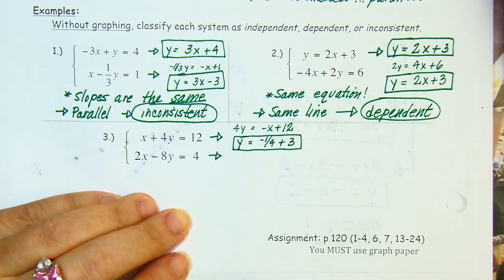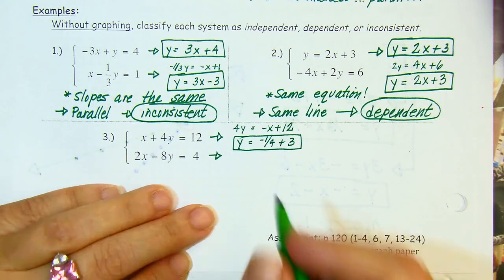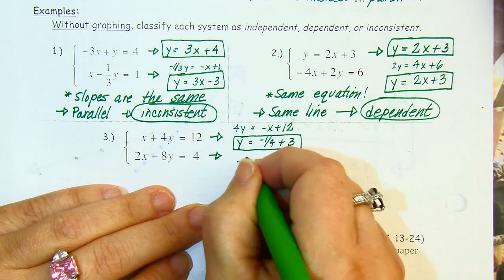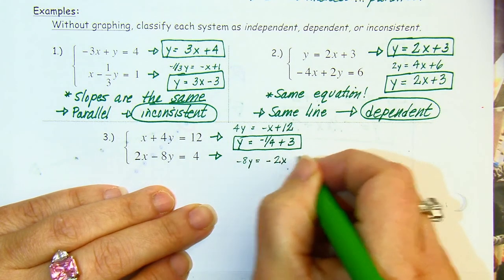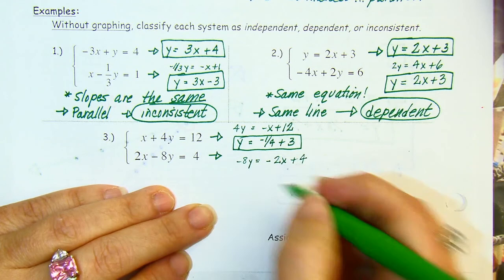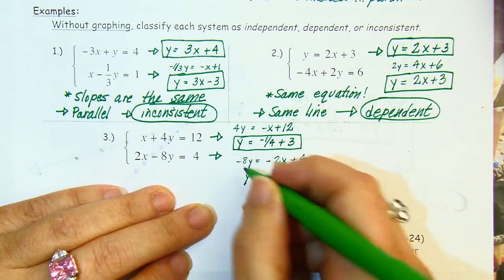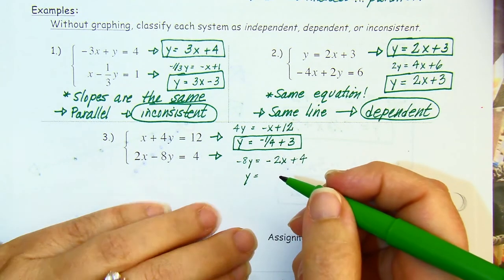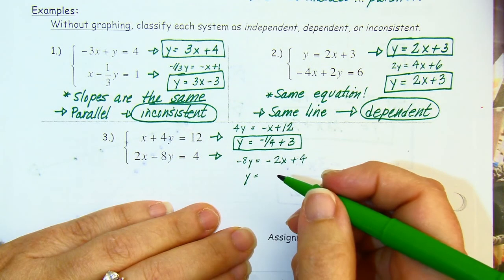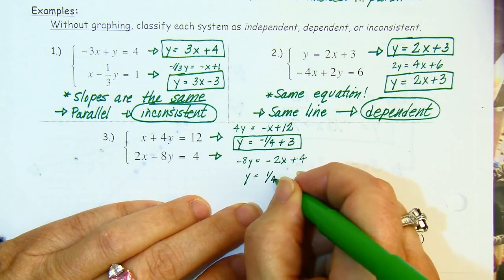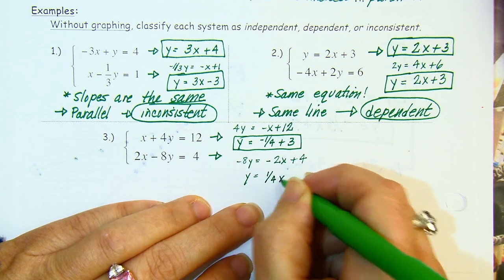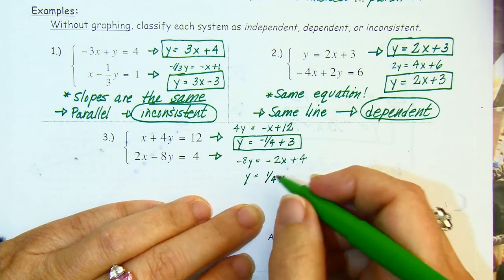Alright, 2x minus 8y equals 4. So I've got negative 8y equals negative 2x plus 4. y equals, well, 2 over 8 would simplify. 2 over 8, 1 over 4, 1/4. Positive, though. And then 4 over 8 is a half. It's going to be negative.